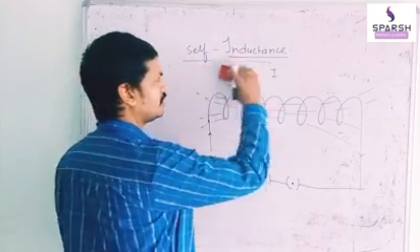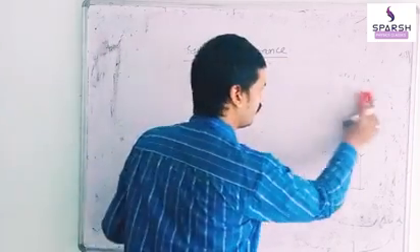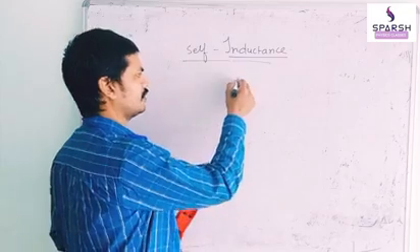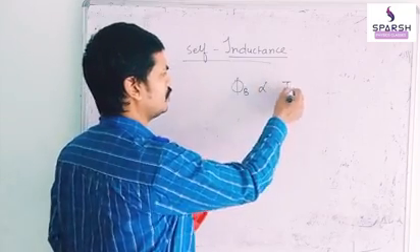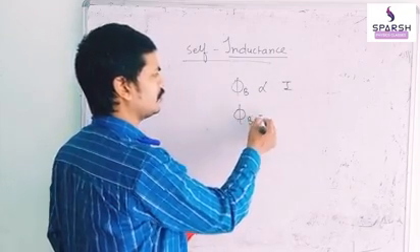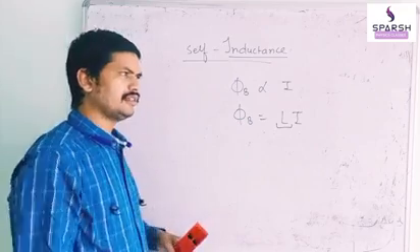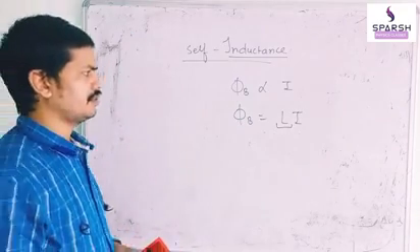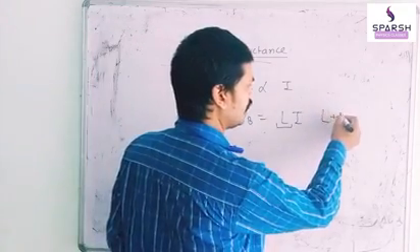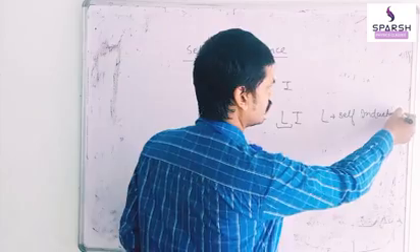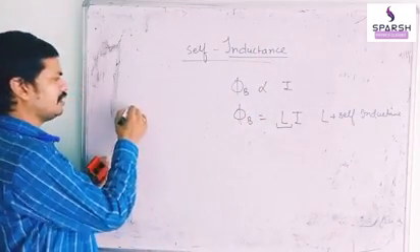That's why we are saying that phi B is proportional to I, that is phi B is equal to L I. So here we are going to calculate L, that is self-inductance. It is L here. L is self-inductance.